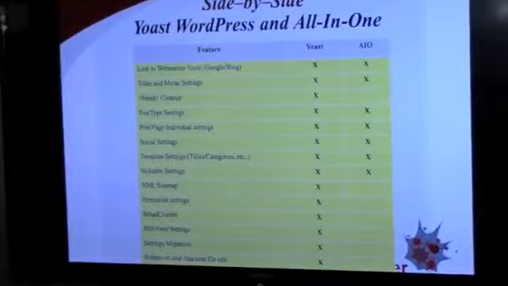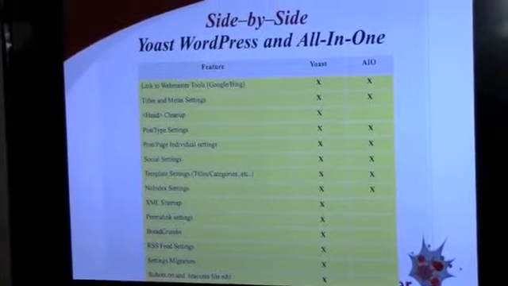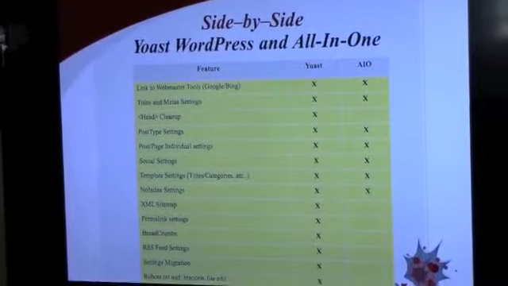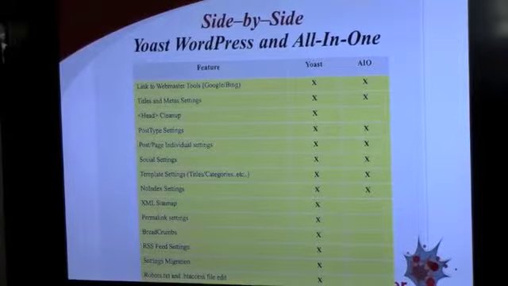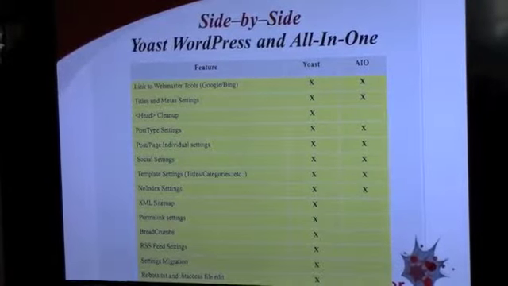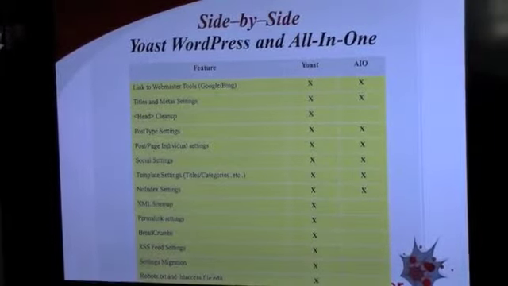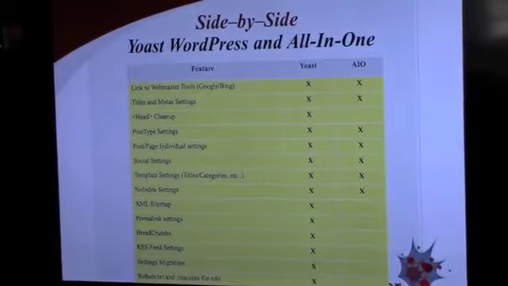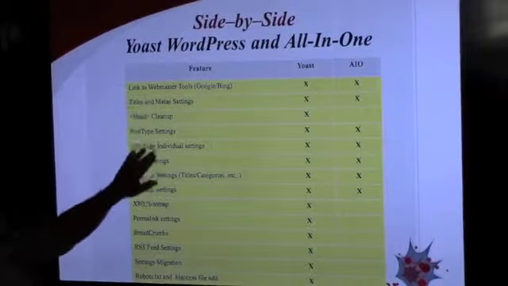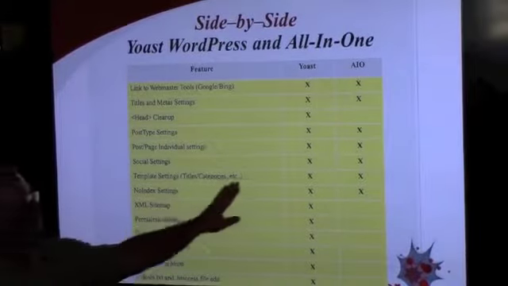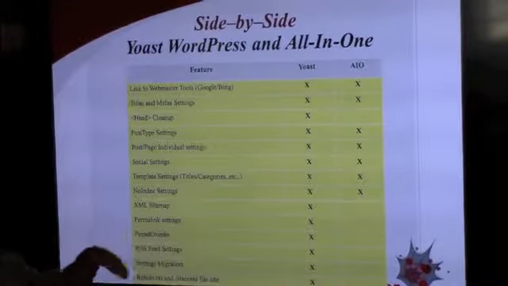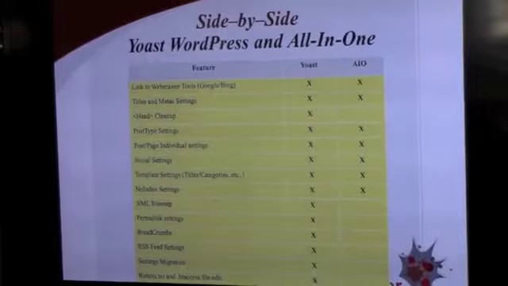Okay, now we're going to do a little side-by-side for 5-10 minutes here. We're going to start off with a little chart, because it shows you, I've taken Yoast WordPress and All-in-One and put them side by side in terms of features. These are the features. I went through each one very carefully and listed the major features, and then put little X's by whether they had it in a similar level and similar form.